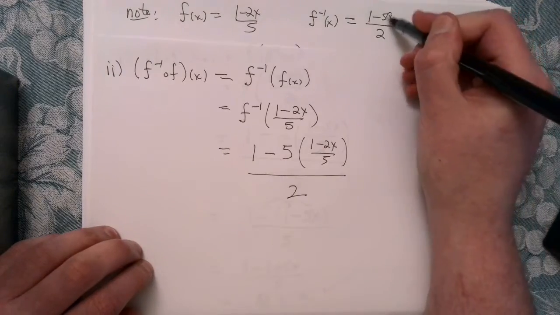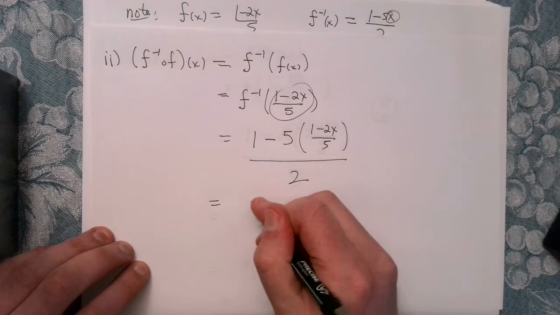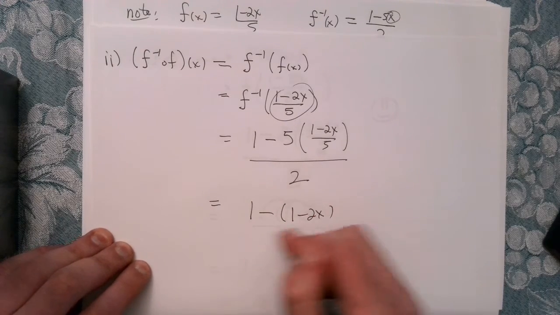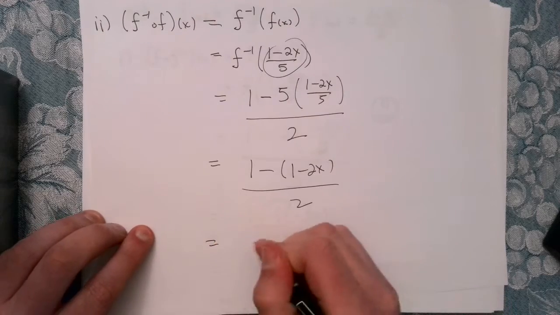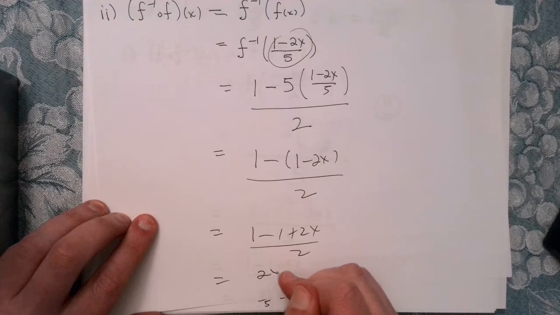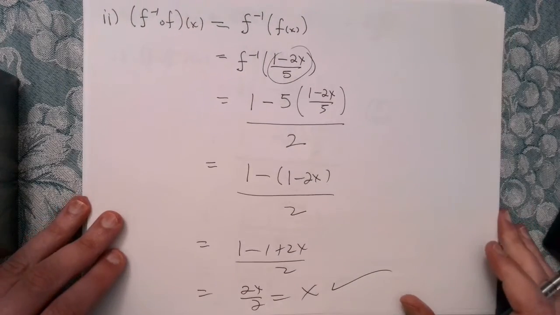Okay, so yeah, that went in for that. So the 5's will cancel. So we've got 1 minus 1 plus 2x over 2. So that's 2x over 2, and that's x. That's what we want. So the functions are inverse.